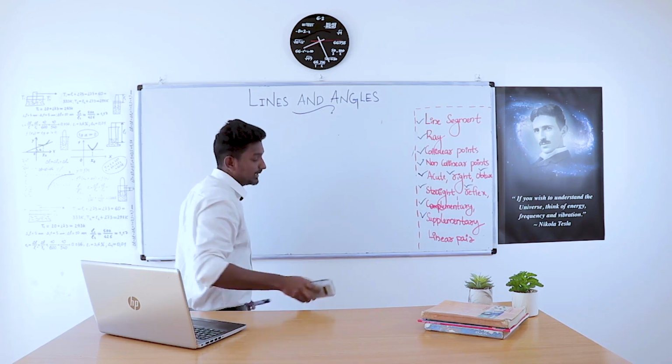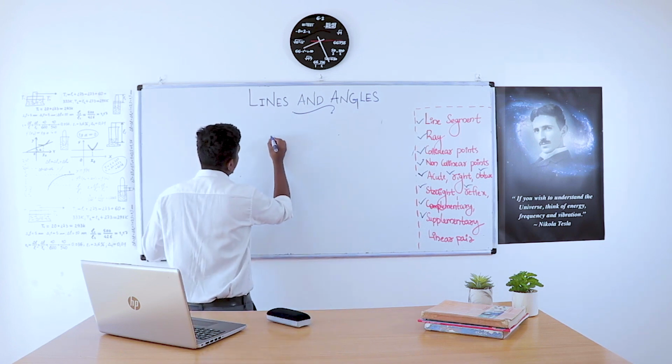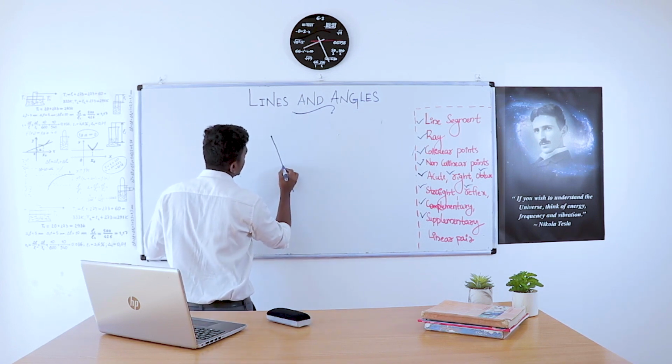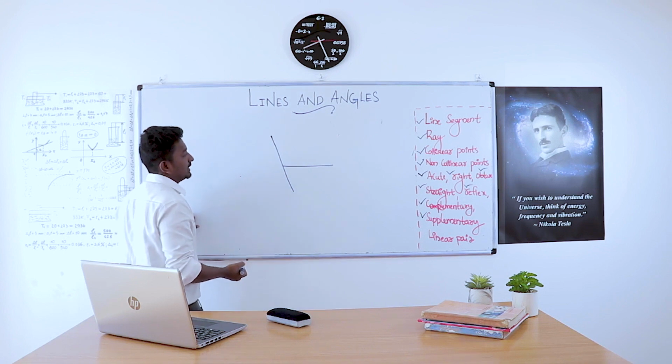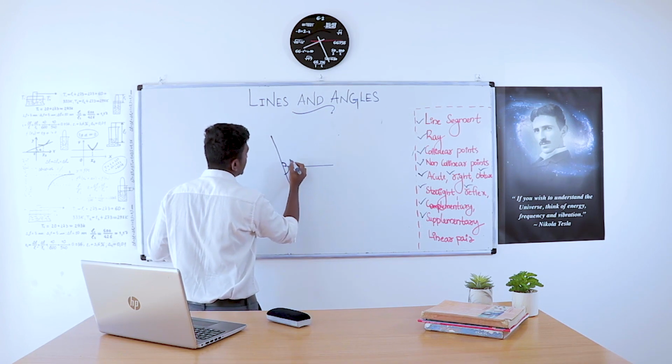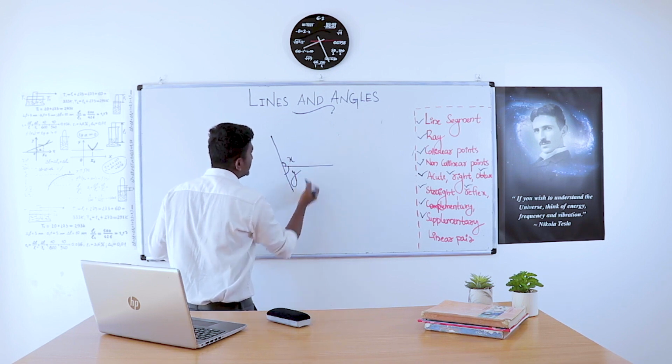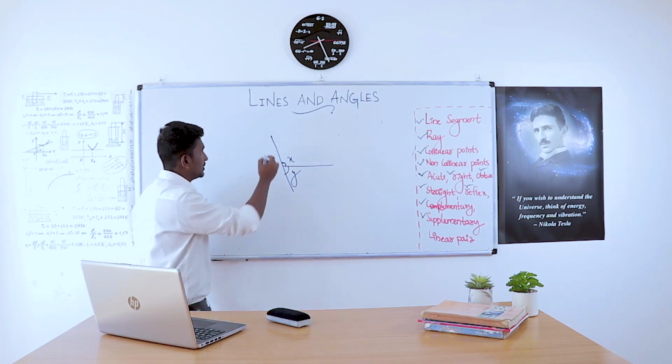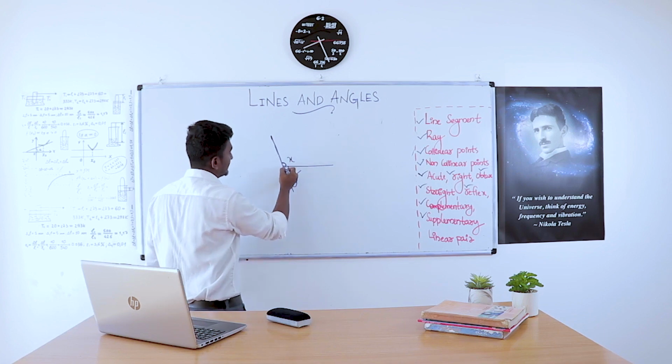in a line segment, or when two line segments intersect each other, here we got two angles, let them be x and y. You know that this is a straight line.